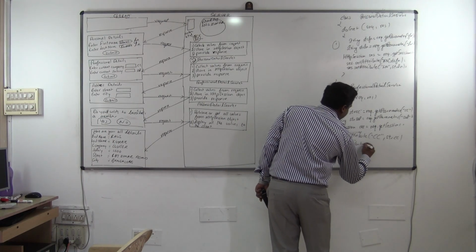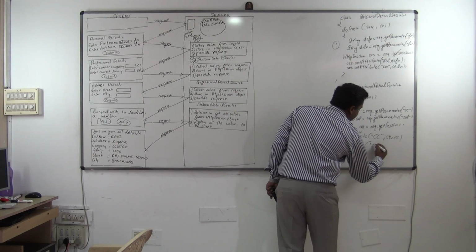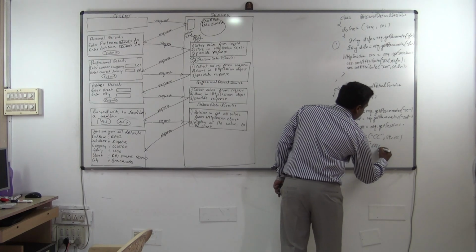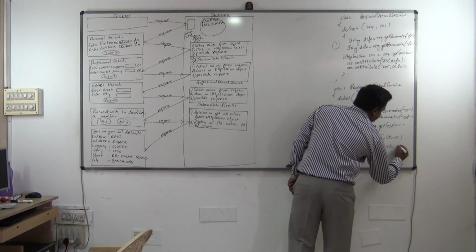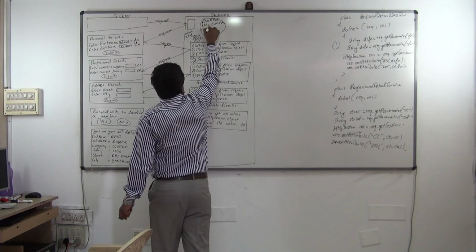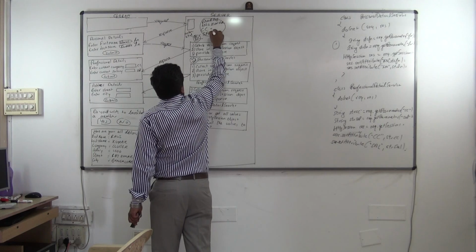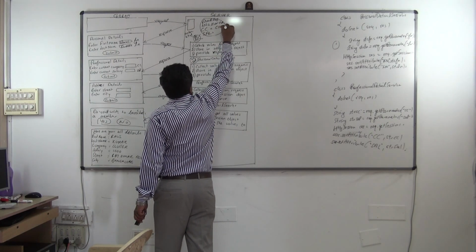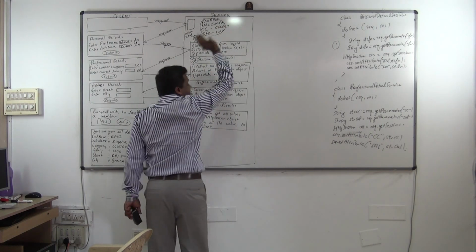That's all you'll be doing. See, as a developer we are doing only this much. sal comma strSal. So if you do this, what will happen? Current company and salary will again have the values. Current company, and salary will be 1000. Like this you are storing.